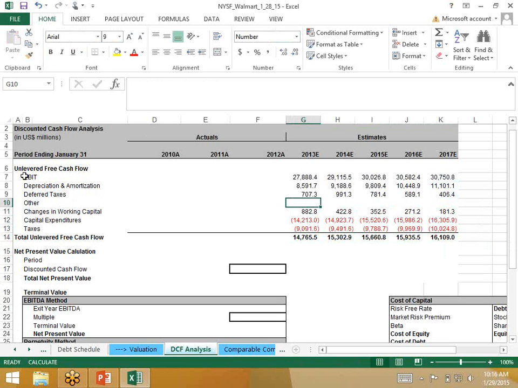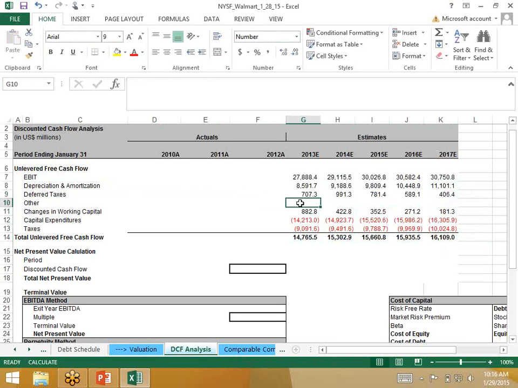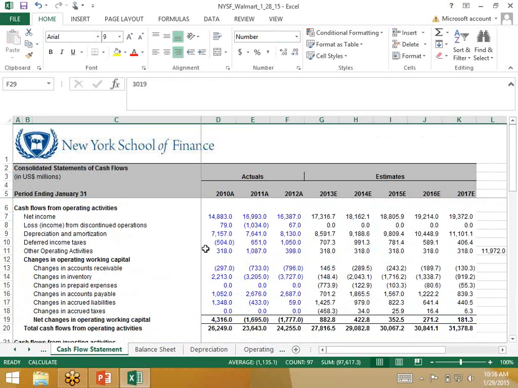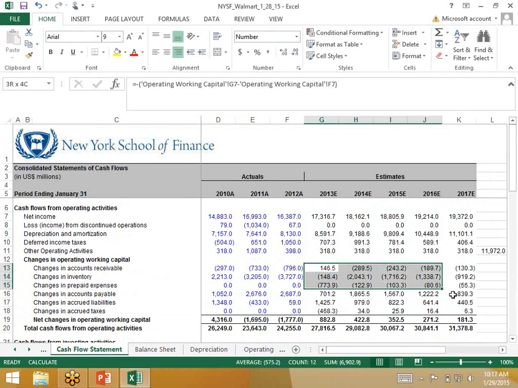But remember, we're making adjustments to EBIT and not net income. So some things might be different. You also have to remember that the adjustments we're making are supposed to be based on the operating assets of the business. So when looking at the cash flow statement, we've adjusted for net income, depreciation, deferred taxes, and all these working capital items.